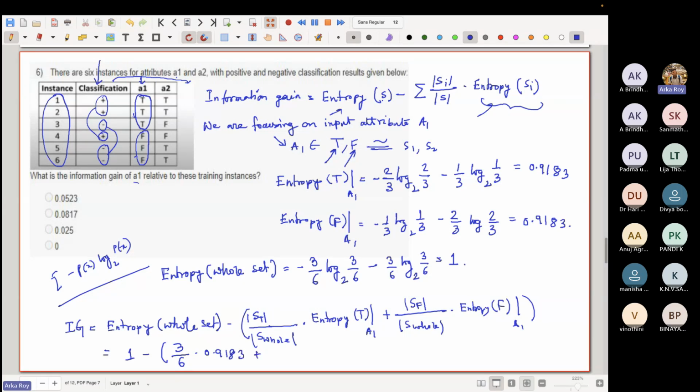Similarly, the cardinality of false is 3, and the cardinality of the whole set, that means the total number of samples in the whole set, is 6, multiplied with entropy of F. Entropy of F we have also evaluated, 0.9183. So if you solve this, you will get the value as 0.0817, which is this.